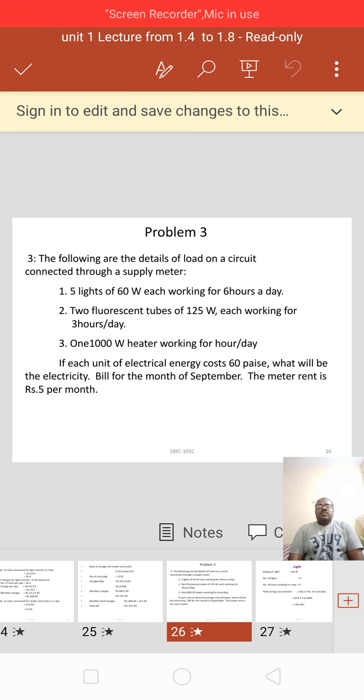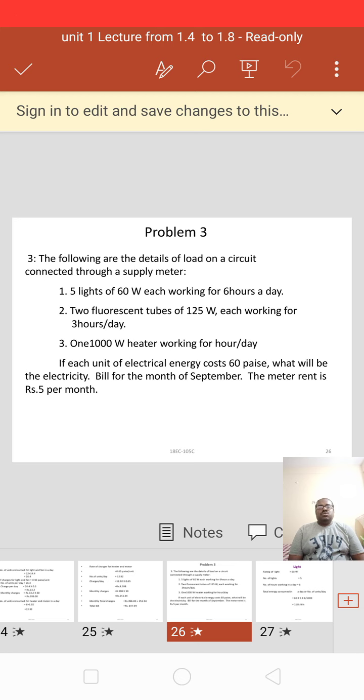Problem 3. The following are the details of load on a circuit connected through a supply meter. First one, 5 lights of 60 watt each working for 6 hours a day. Second one, 2 fluorescent tubes of 125 watts each working for 3 hours per day. 1,000 watt heater working for 1 hour per day.